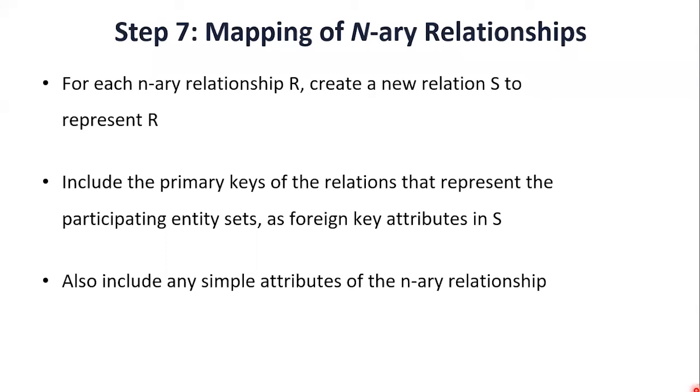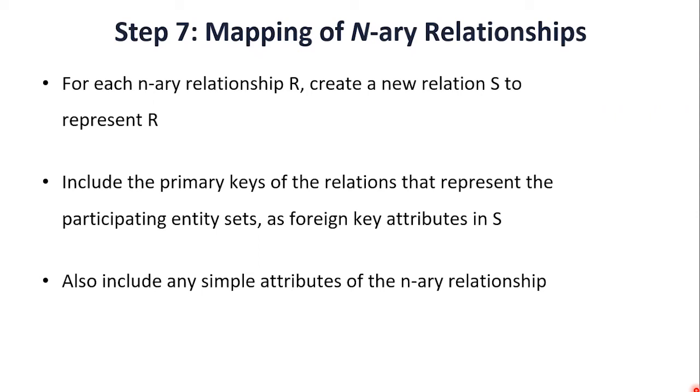For that kind of relationship R, we have to create a new relation S to represent R and include the primary keys of all the relations that participate in this relationship as foreign keys under S.